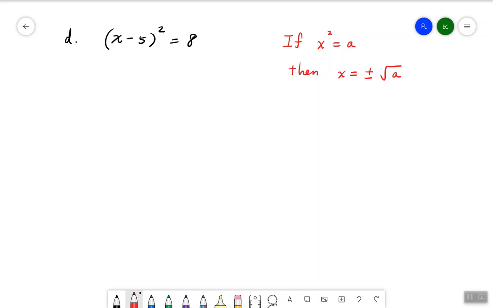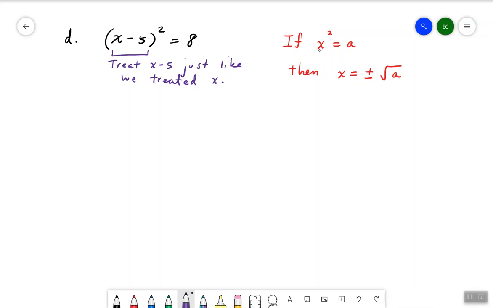And in fact, what we can do is we can treat x minus 5 just like we treated x in the previous examples, or just like we treat x here in the formula.